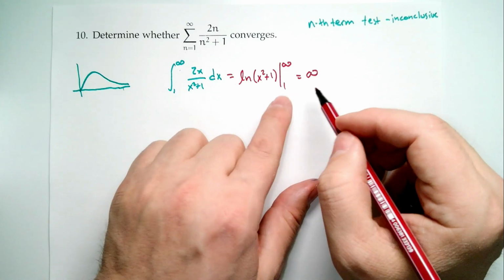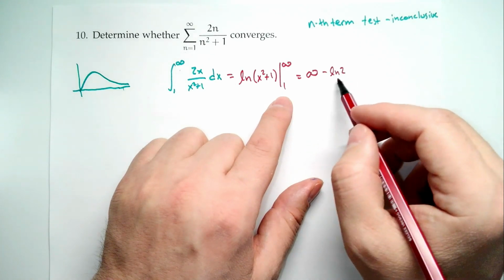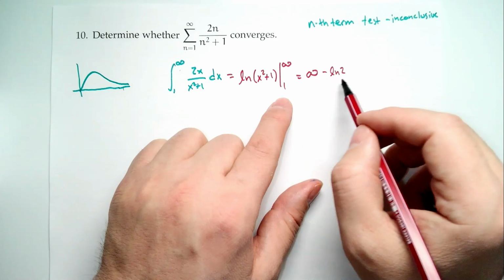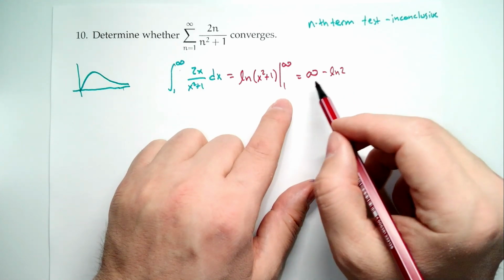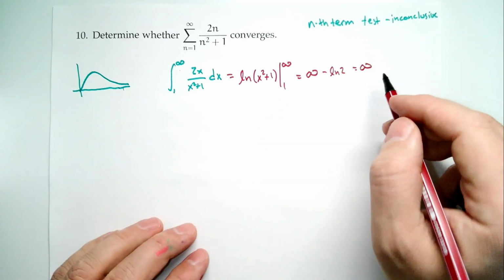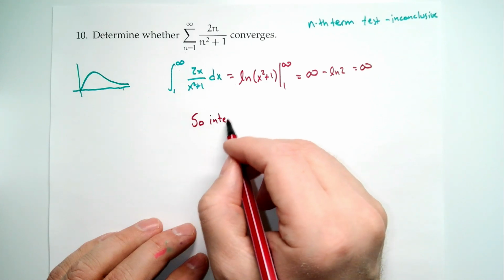Now, do we care about what happens at 1? Well, no. It doesn't matter. Because it's going to be some finite number. And however big this finite number is, and this is a small number, it's hard to recover from infinity. So this is infinity. So what does that mean? So the integral diverges.